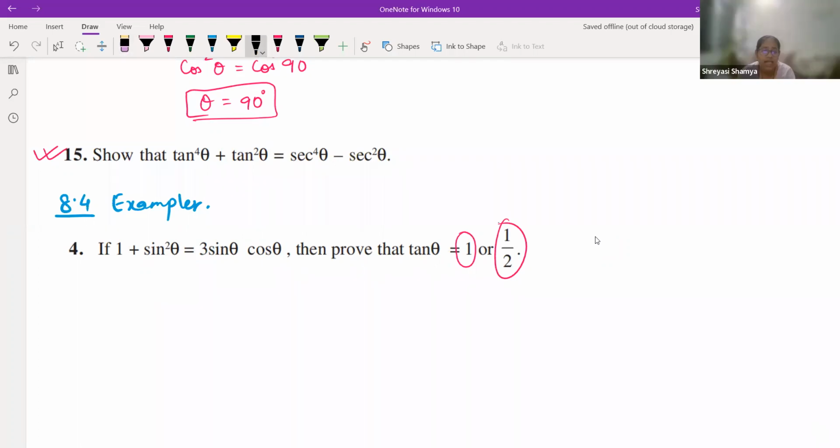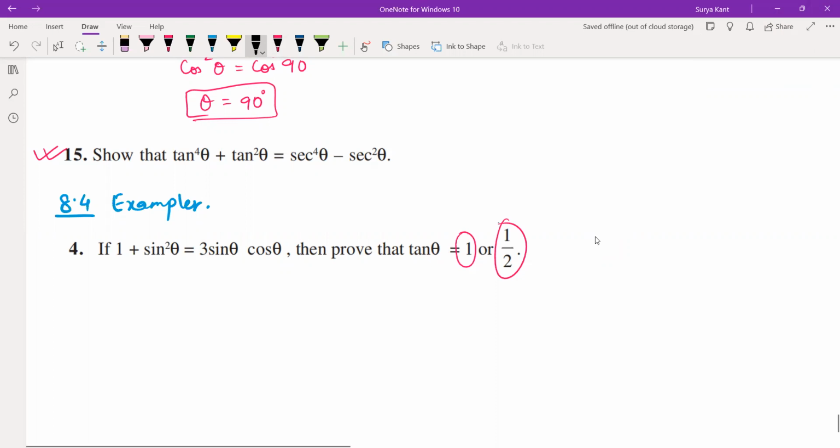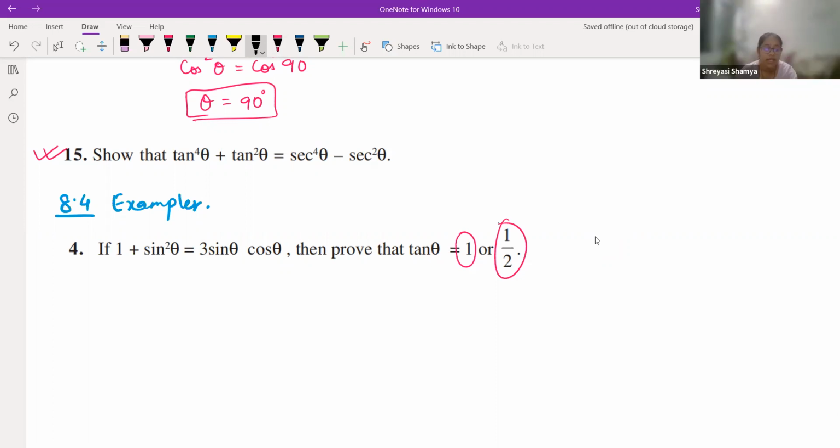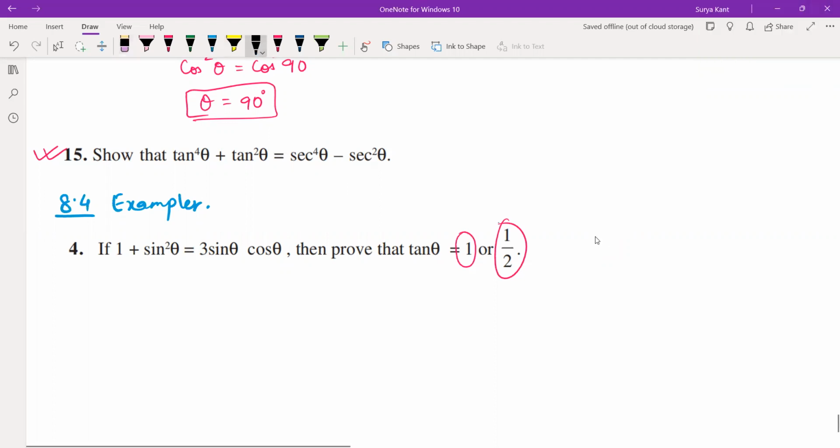Sir, we can make sine square theta in cos theta form, using the identity. For the LHS we can write it as 1 plus 1 minus cos square theta. Cos square theta is 1 minus sine square theta, like this will come.